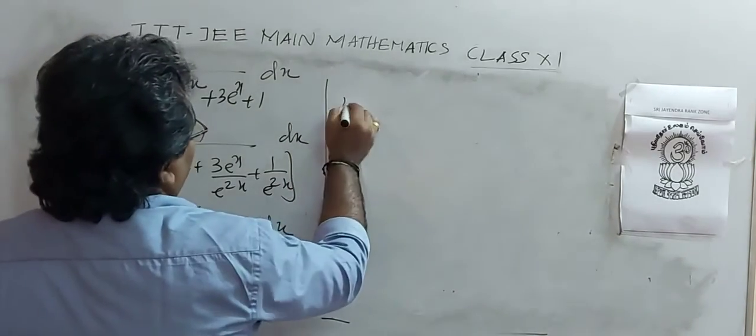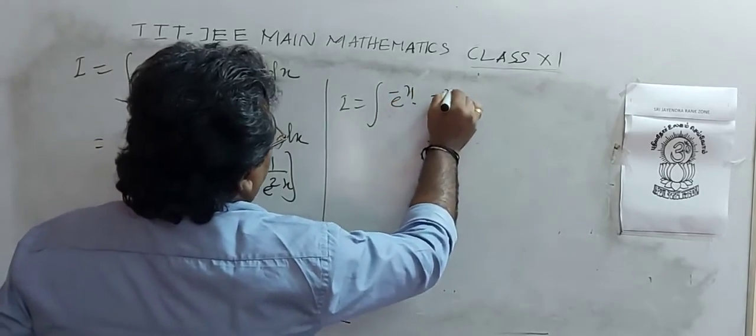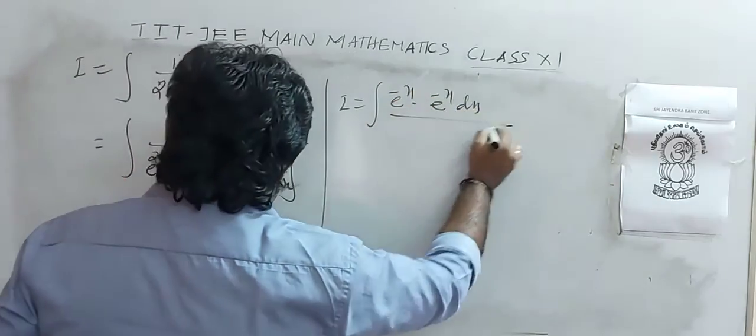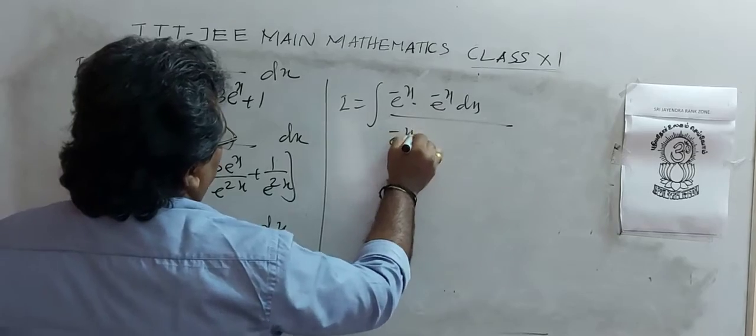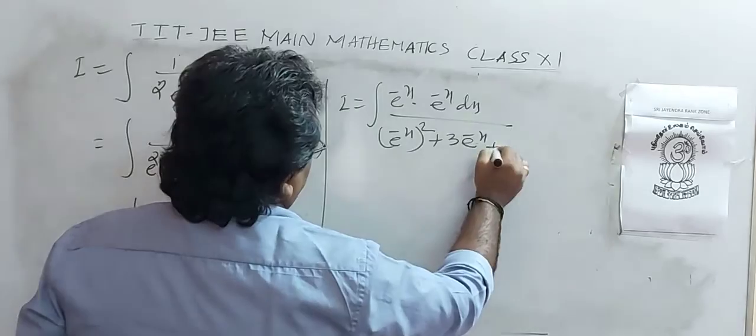So I equals the integral of e^(-x) into e^(-x) dx divided by ((e^(-x))² + 3e^(-x) + 2).